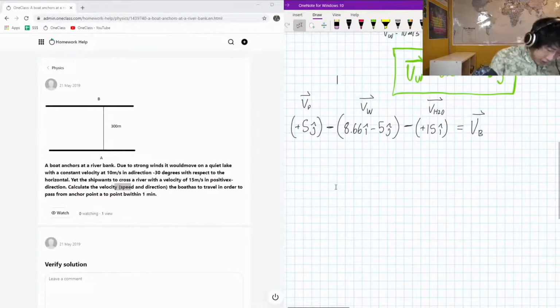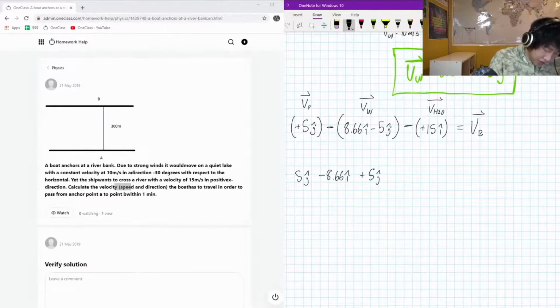Okay, so to multiply out these negatives, we'll have something like this. So 5J minus 8.66 I plus 5J minus 15 J. Oh, that's not 15J, 15I, my bad. That would have been a catastrophic error.